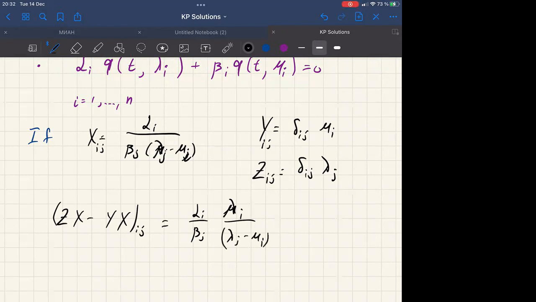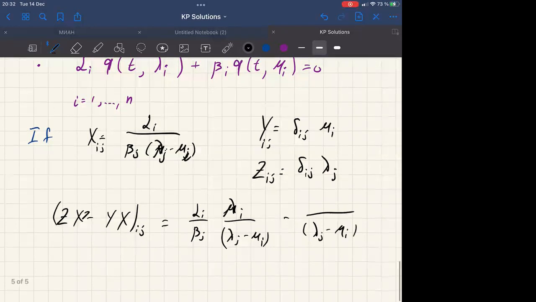e minus lambda g minus e z. Sorry, z. It's my fault.